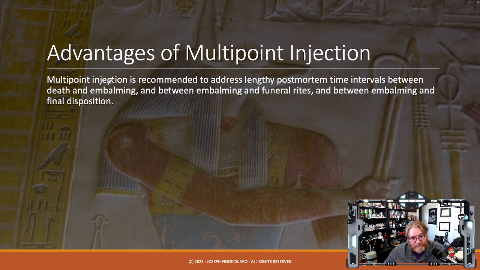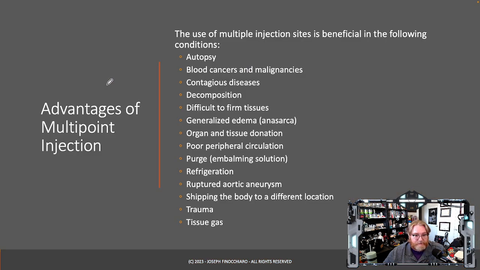So when should you use one point? Normal case, no complicating factors. When should you use multi-point? When you have complicating factors or large time delays. And it says here, the use of multiple injection sites is beneficial in the following conditions. The one thing you can take away from all of these is that they are complications.